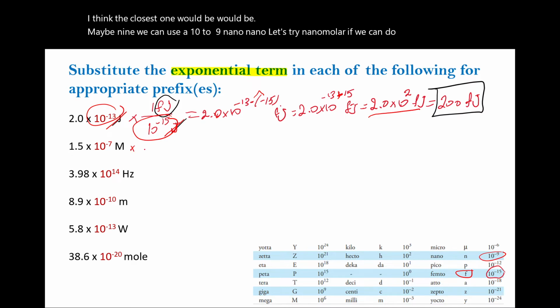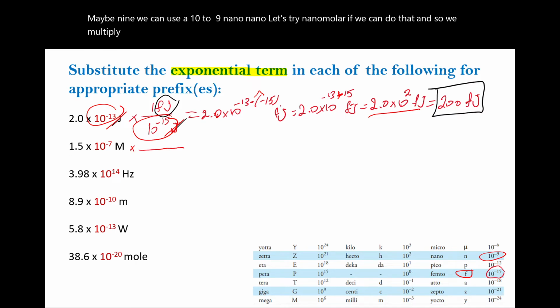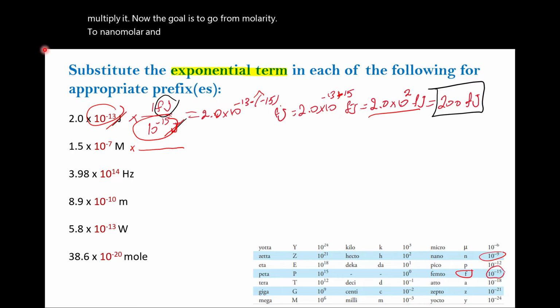And so we multiply it. Now the goal is to go from molarity to nanomolar, and that is so one nanomolar is 10 to negative 9 molar. That's the prefix.